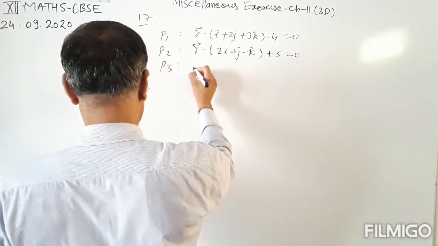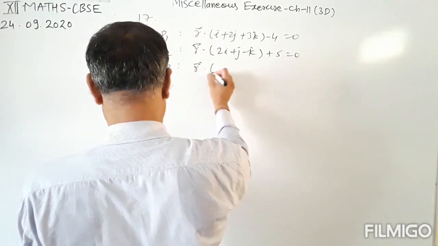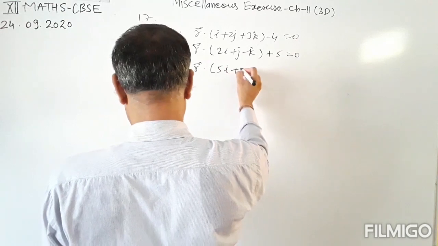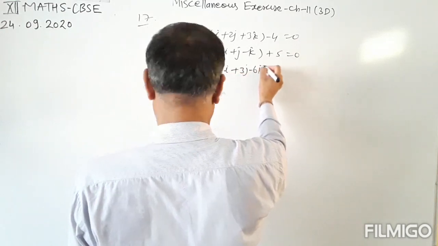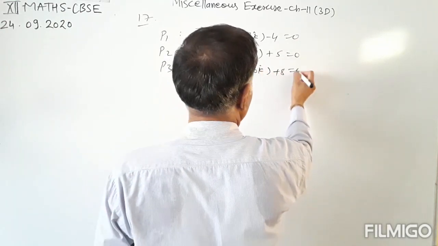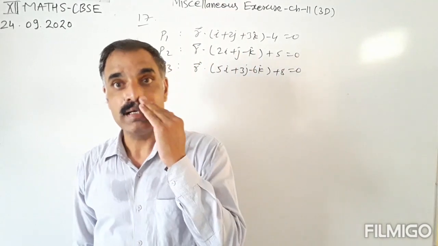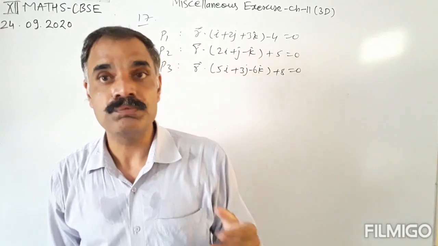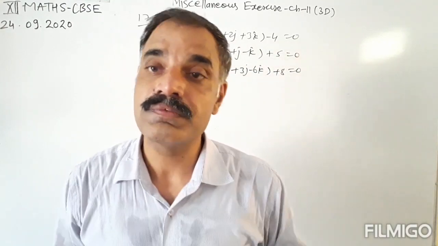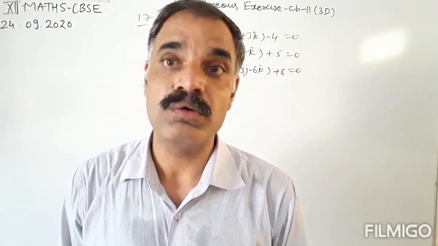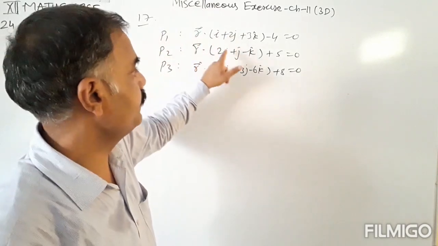And the third plane is given as r vector dot (5i cap plus 3j cap minus 6k cap) plus 8 equals 0. So these three planes we have been given, and the question is to find the equation of the plane passing through the line of intersection of the planes P1 and P2.